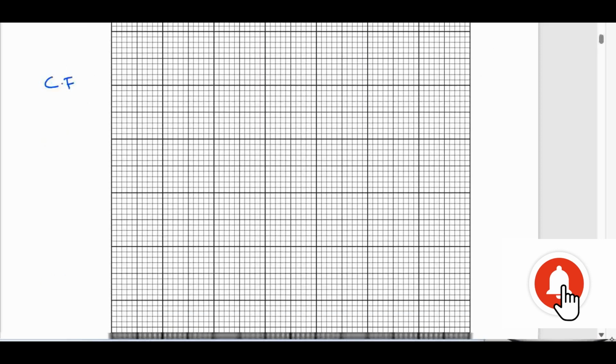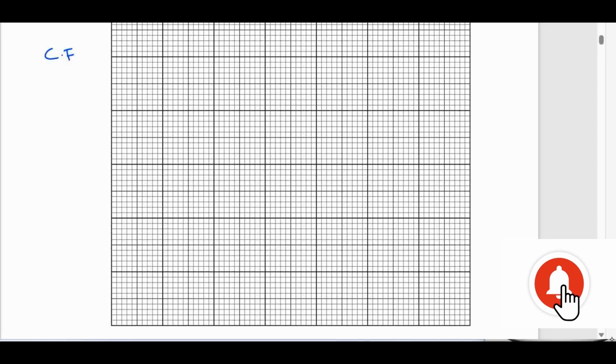Let's label the diagram. It starts from 30, so this must be 30, then 60, 90, 120, 150, 180, and then 210 and 240. It will cover the whole data.